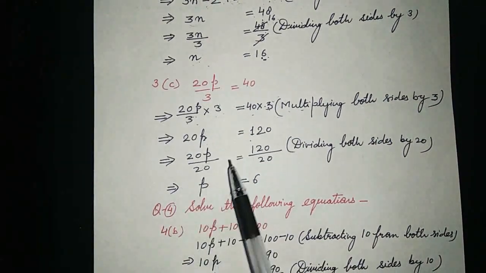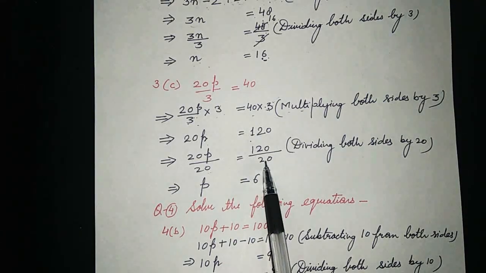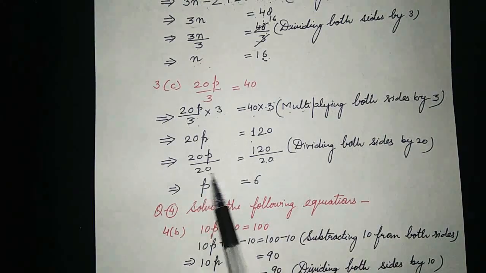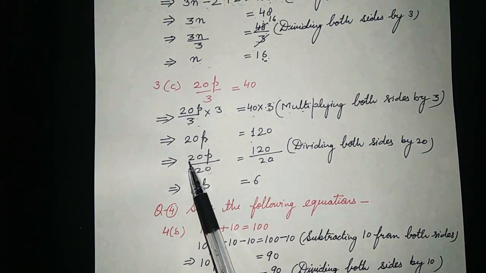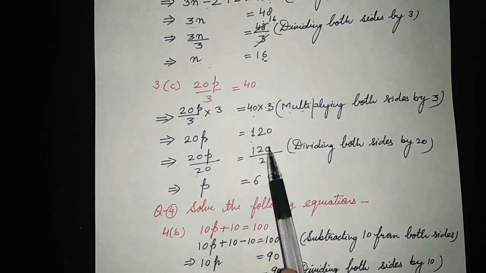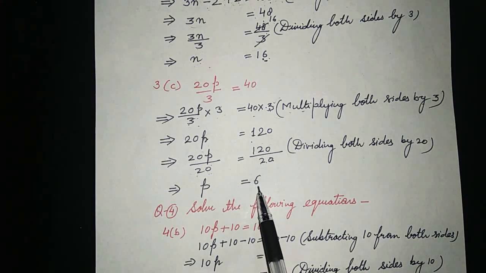After getting 20p is equal to 120, what we will do? I think you understood. You will divide both the sides by 20. So 20 ones are 20 and 20 ones are 20. And here 20 sixes are 120. So the required value of p is 6.